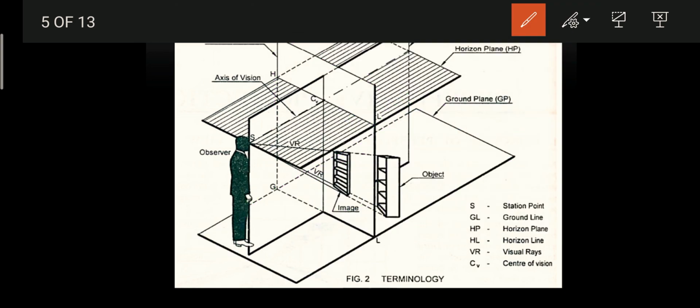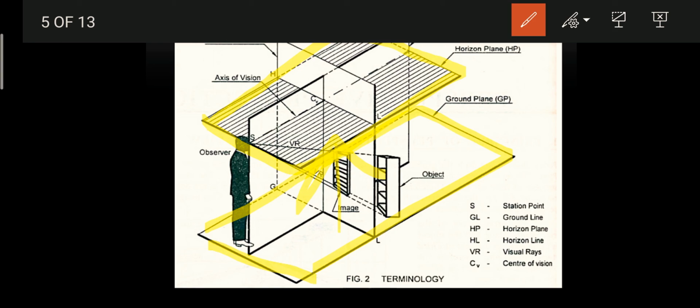Next one is horizon plane. This plane is the horizon plane. A plane parallel to the ground plane, which is in front of the observer, is called the horizon plane.